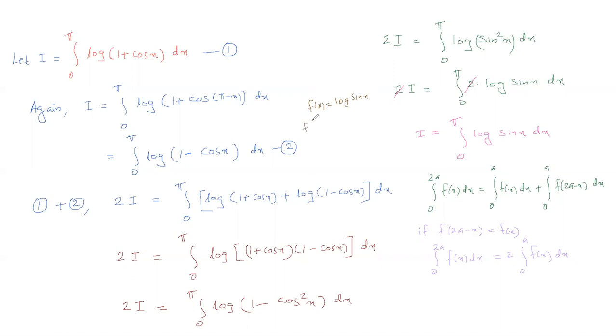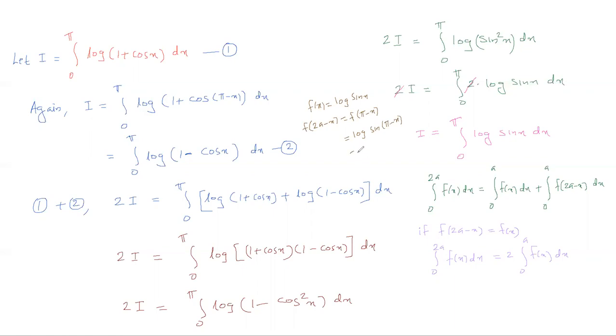Now f of 2a minus x, your 2a is here pi, so f of pi minus x is equal to log sine pi minus x.